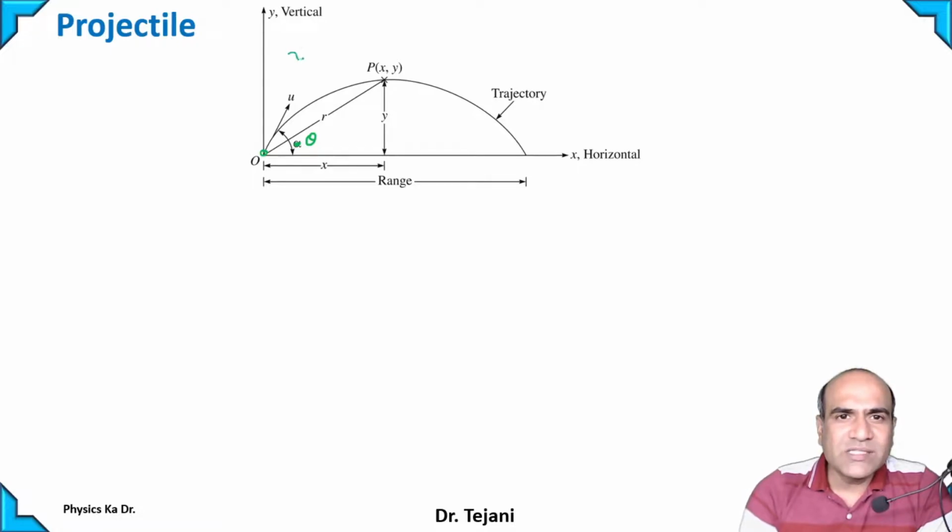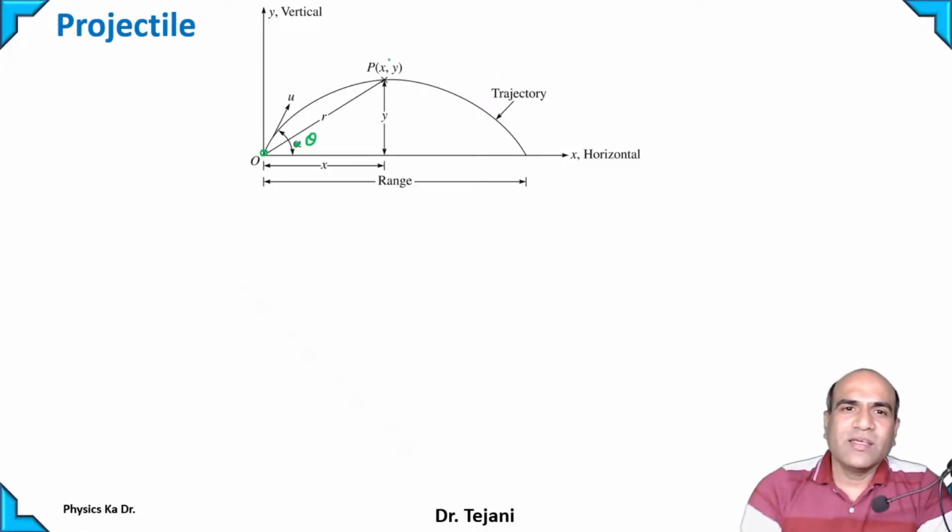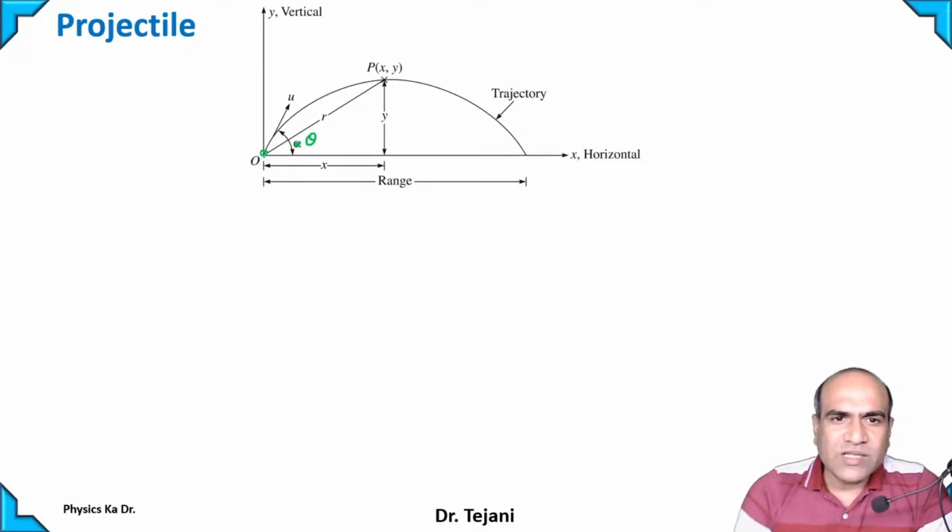In some books you can see u0 or v0 used. Both are similar. Majorly we will be using u as the initial velocity, and v as the final or intermediate velocity, other than the initial velocity. So the object is starting from point O, and it is given some velocity in the direction of u with angle theta with respect to x.